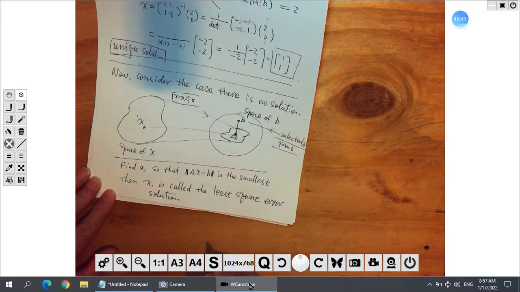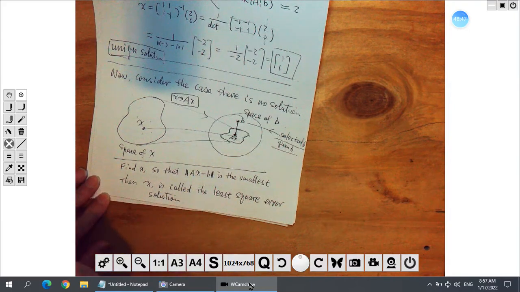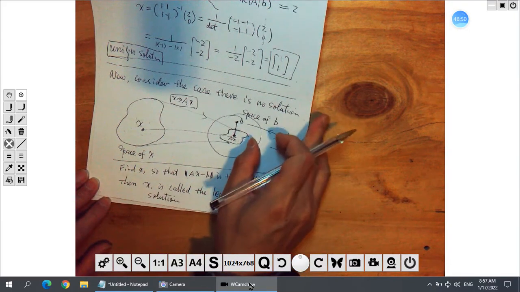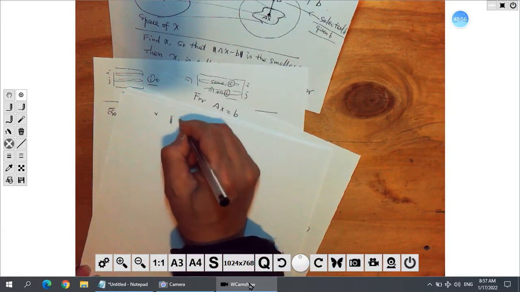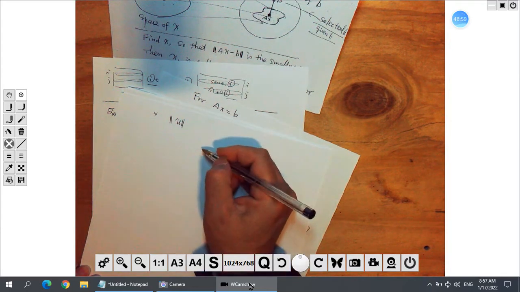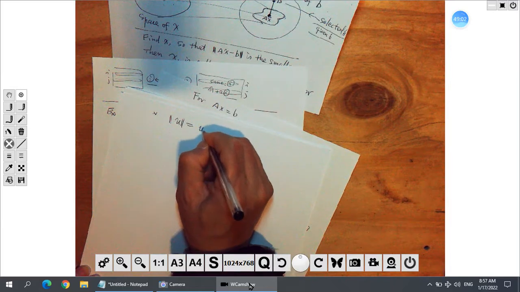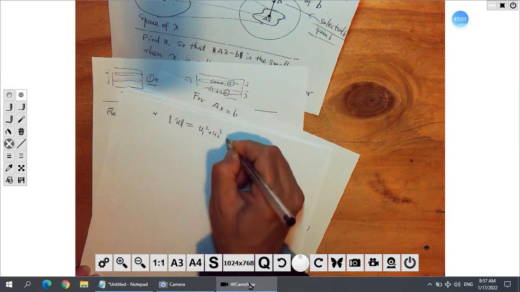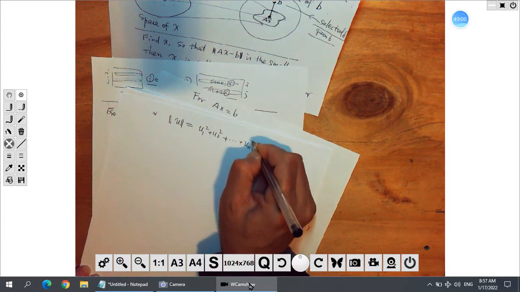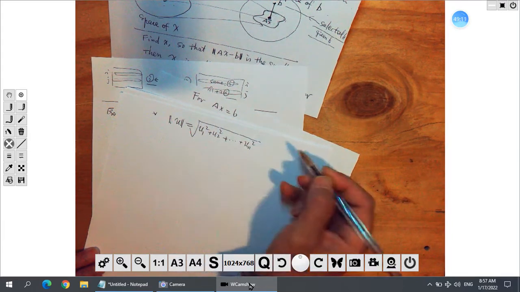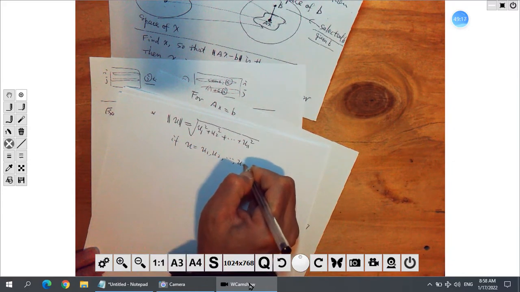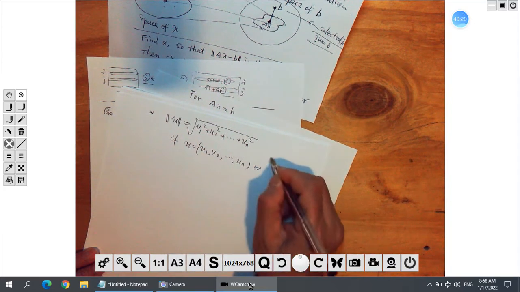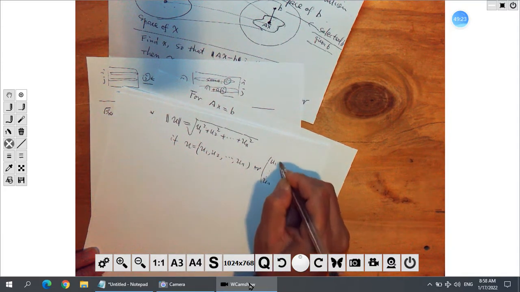Least square error, because what is the length? The length of a vector is the square root of the sum of squares of each element, right? Let me write here. Like this is U. The norm of U equals the square root of U1 squared plus U2 squared plus up to UN squared.